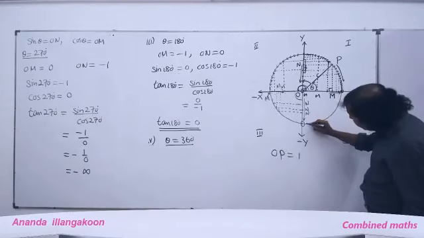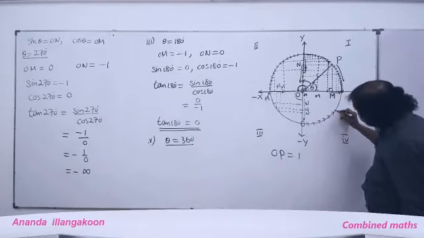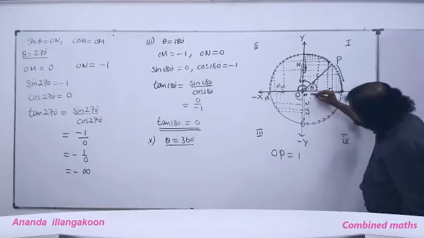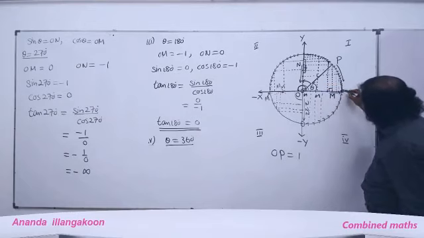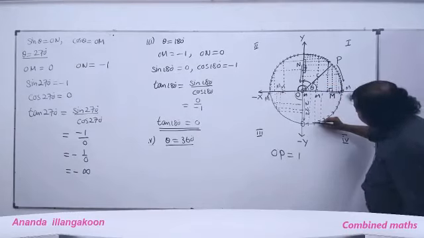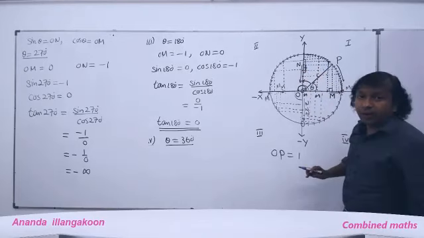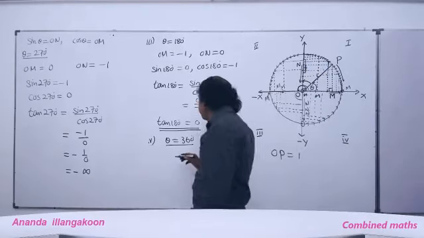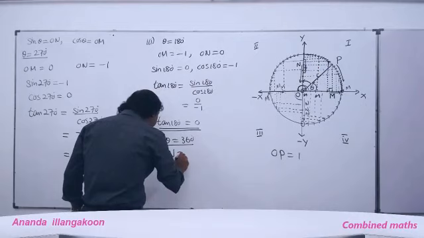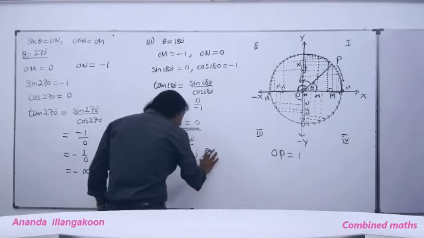This P should come onto the positive x-axis. Then point M, these points are going to this point, right? And point N comes towards O, ON 0, and OM is 1.